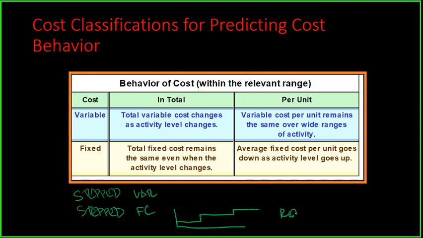It's supposed to be fixed. Like for example, a rent. Rent for a refrigerated warehouse. Okay, so let's say it's supposed to be 10,000 per month.